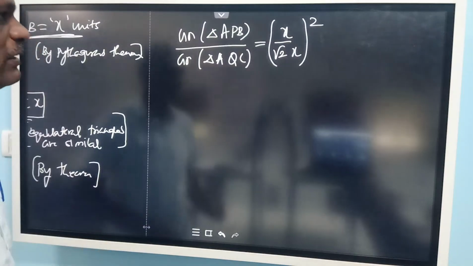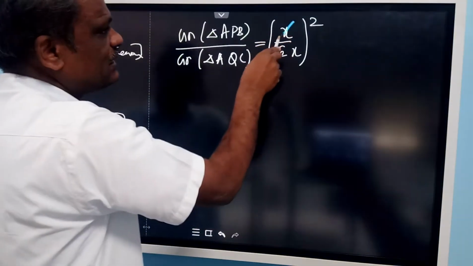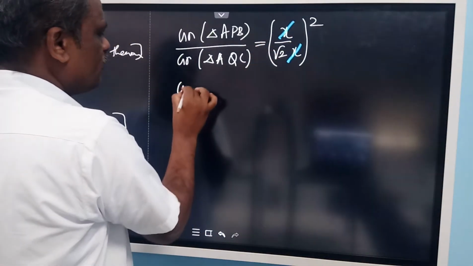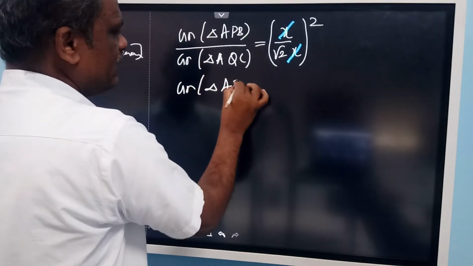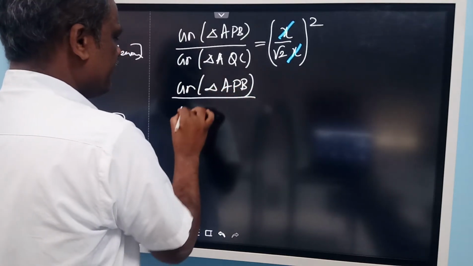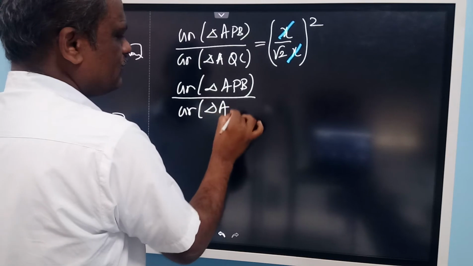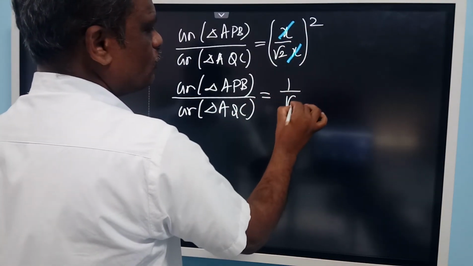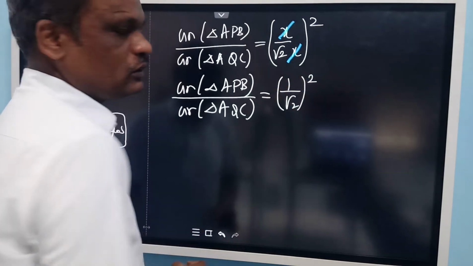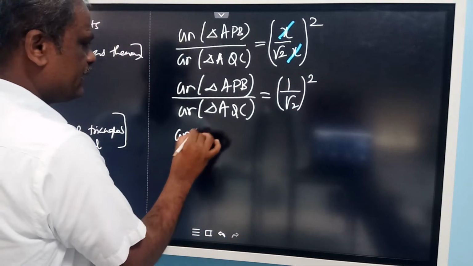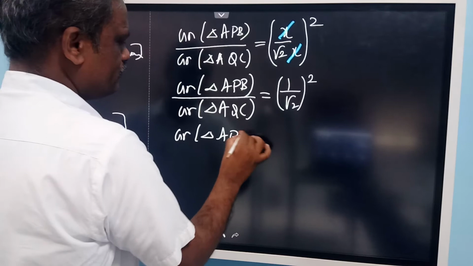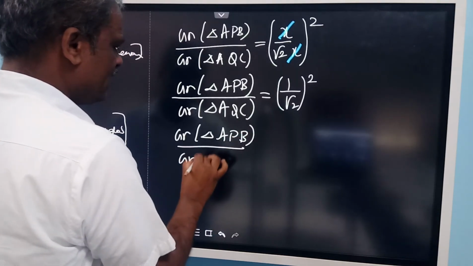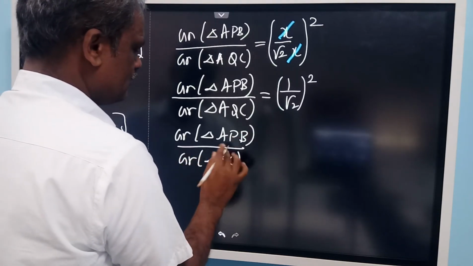Now here x and x cancel. So therefore area of triangle APB by area of triangle AQC is equal to 1 by root 2 whole square.